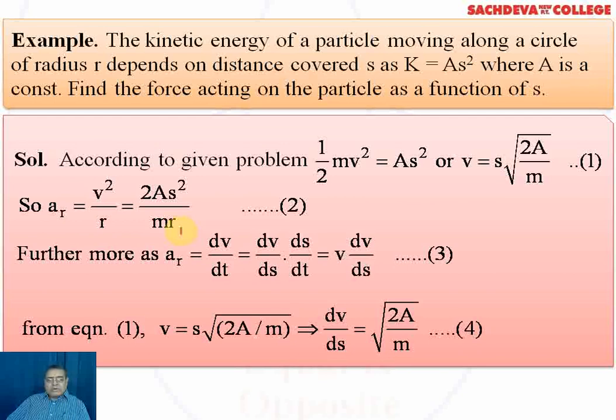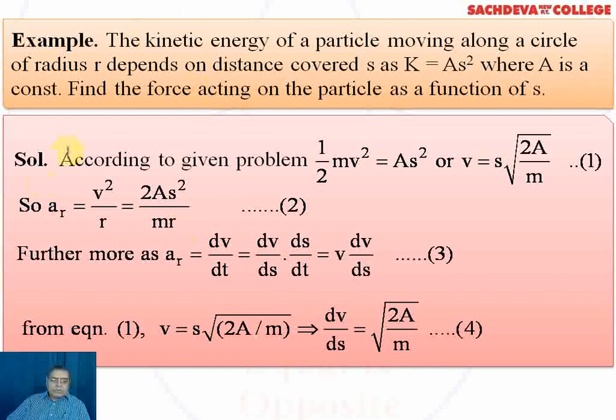So we consider the value of v, take the square, put it in for v square and simplify. The result comes to be 2as square over mr.